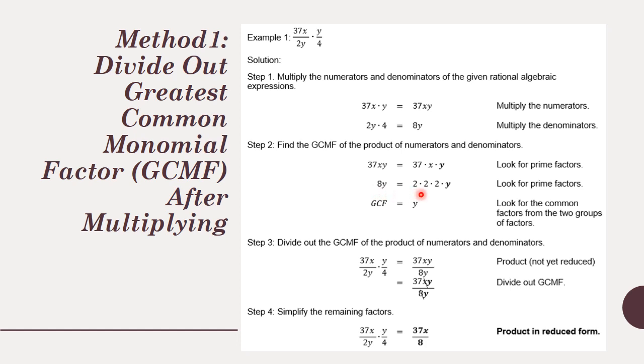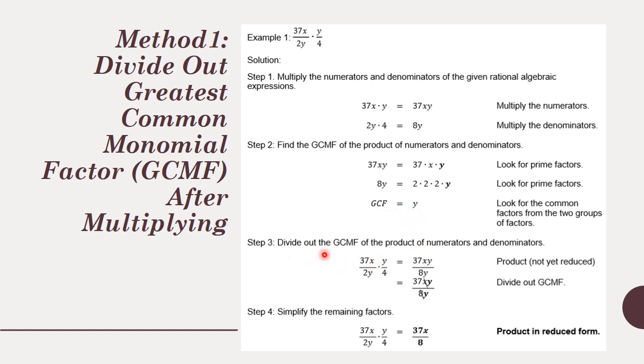We have 2 times 2 times 2 times y. So look for the common factor from the two groups of factors. The common factor here is y. So we have the GCF of y, or greatest common factor of y.